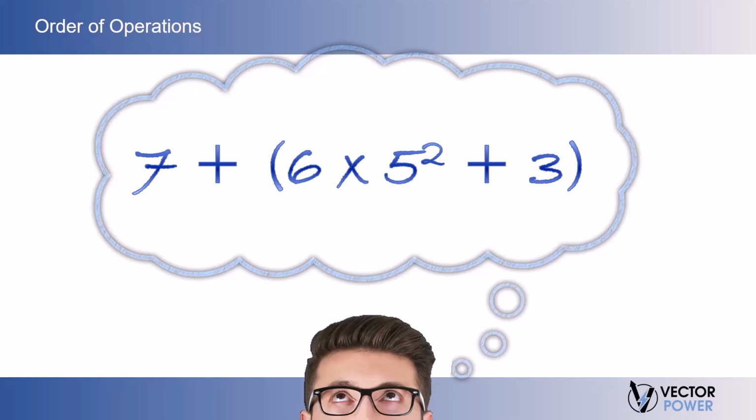Start at the left and go to the right, or go from right to left? Calculate them in the wrong order, and you will get a wrong answer. So, to prevent confusion in mathematics, we follow rules when doing calculations, and they are the order of operations.